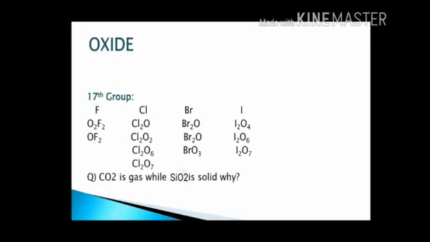Now we can move to the oxides formed by the 17th group elements. All the halogens form oxides. Here, chlorine, bromine and iodine form oxides in their oxidation states +1 to +7. And here I have given the oxides formed by the different elements in the 17th group.